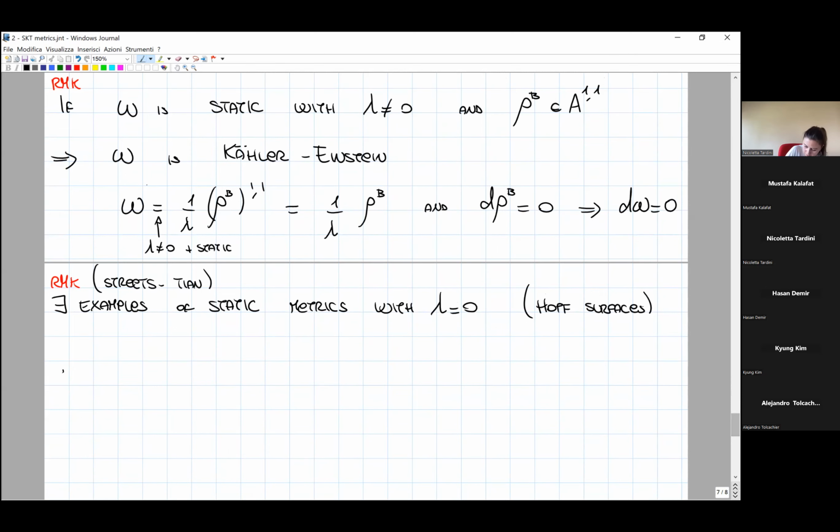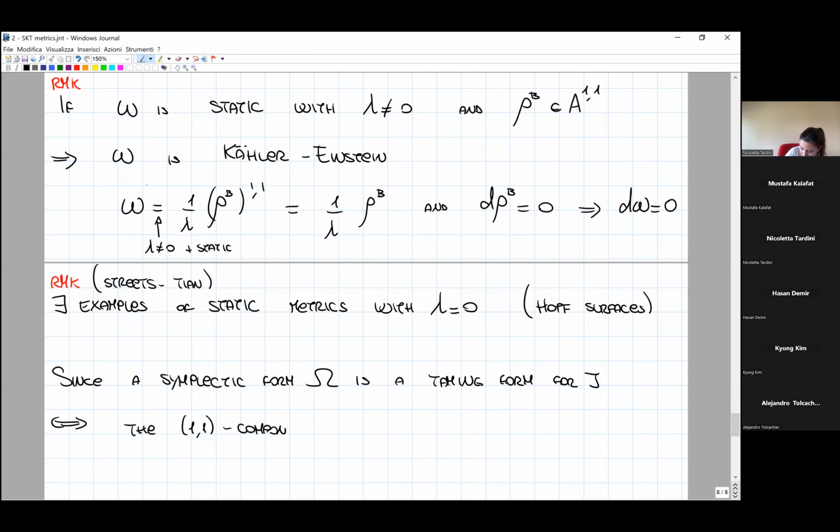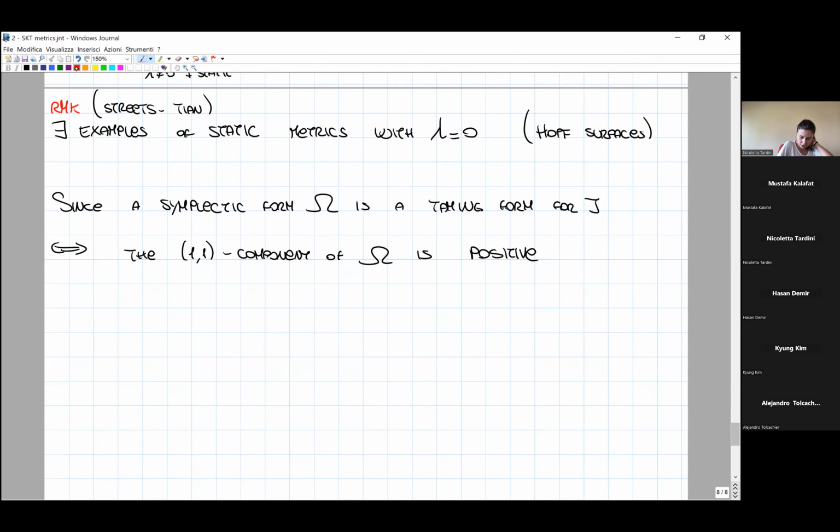Since a symplectic form omega is a taming form for J if and only if the 1-1 component of omega is positive definite, we have the following definition.